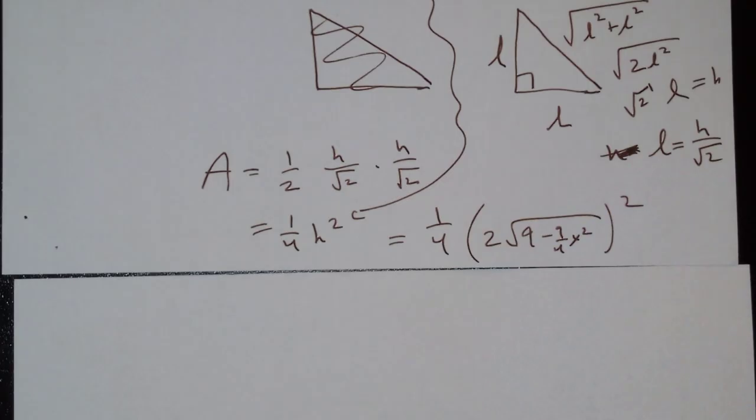The square root cancels with the square. What happens to the 2? Which means it gets squared also. What's 2 squared? Which cancels with that 1/4, isn't it?